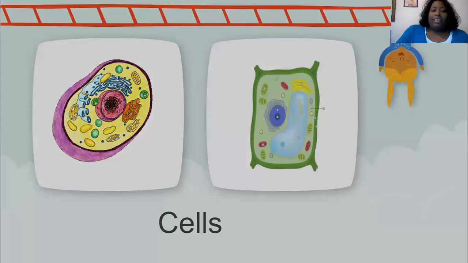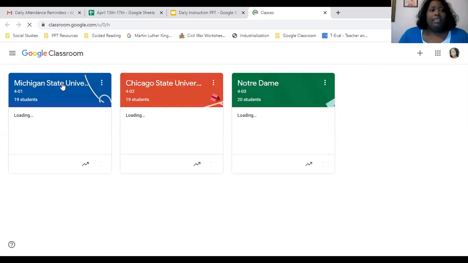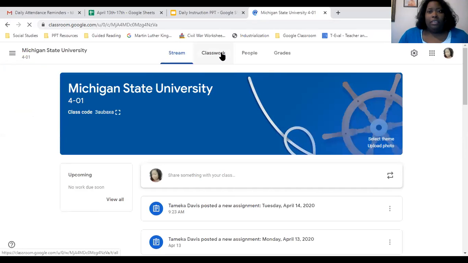So we are going to answer this question in Google Classroom. So when you get into Google Classroom, you'll click your particular class. Today, I'll click Michigan State. And you'll click the Classwork tab.